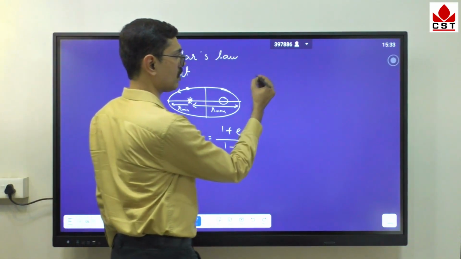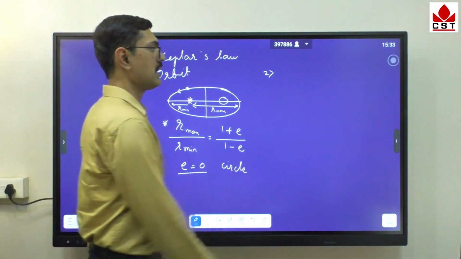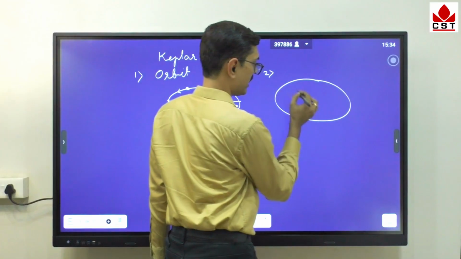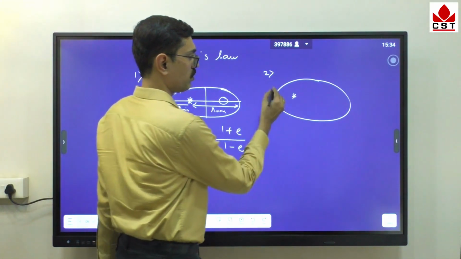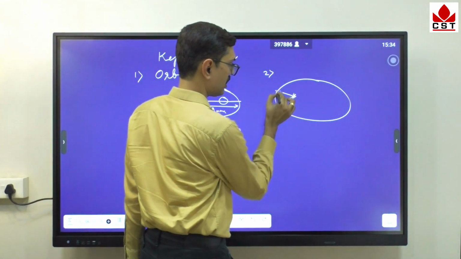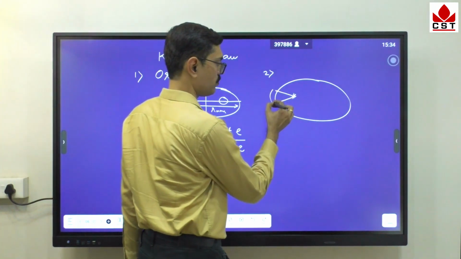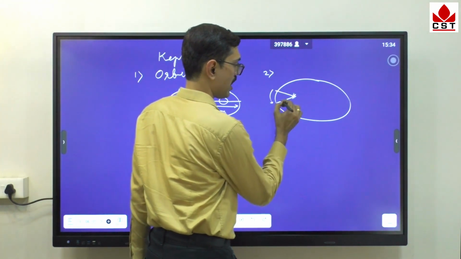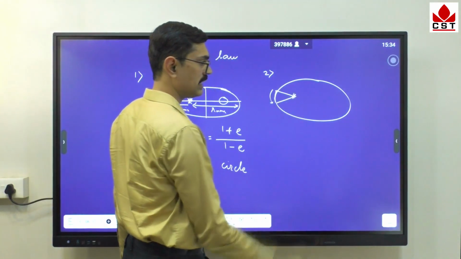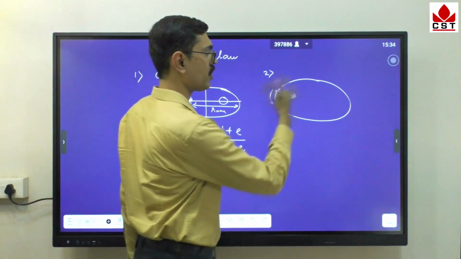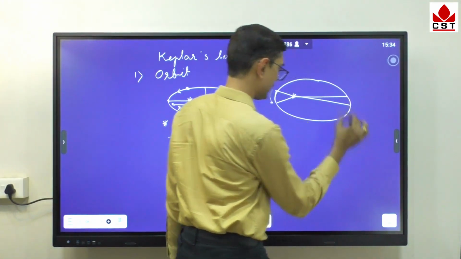Then there is the second law. The second law is very important: every planet sweeps equal area in equal intervals of time. Take this one time interval. For example, for Earth, within 1 month the base is greater and the height is smaller, and in the same 1 month away from the sun the base is smaller and the height is greater.